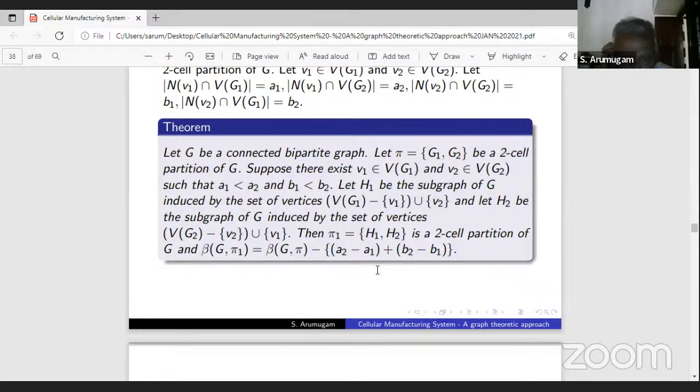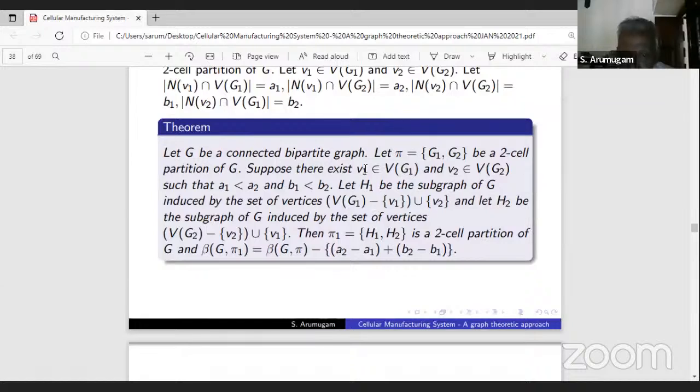So I have developed some more techniques to bring down the number of exceptional edges by making some computations. I am not going into the details of this computation.